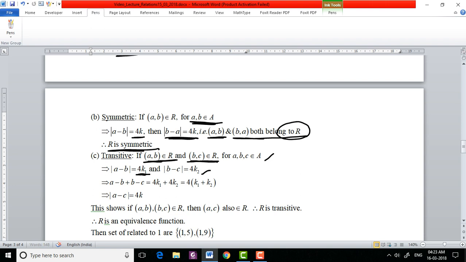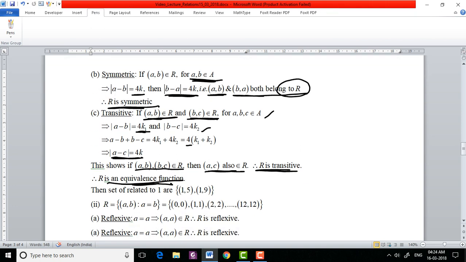If I add these two relations, a minus b plus b minus c is equal to 4 times k1 plus 4 times k2, which is 4 times (k1 plus k2), and hence a minus c is a multiple of 4. This means that if (a, b) belongs to R and (b, c) belongs to R, then (a, c) also belongs to R, and therefore R is transitive in nature. And since R is reflexive, symmetric, and transitive, our relation is an equivalence relation.